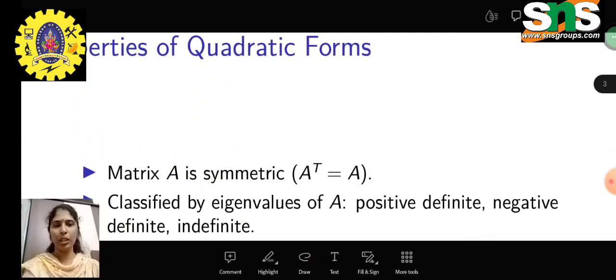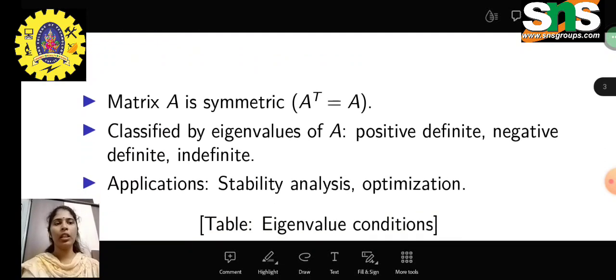Next we are going to see the properties of quadratic form. So here the matrix A is a symmetric matrix, which means A is equal to A transpose. So it is classified by eigenvalues of A. So here the eigenvalues of the matrix A will be either positive definite, negative definite or indefinite.